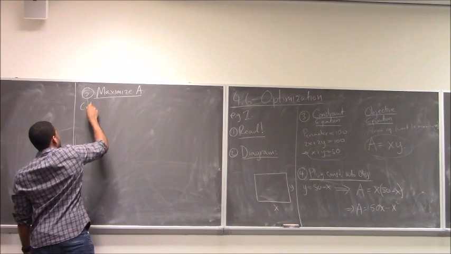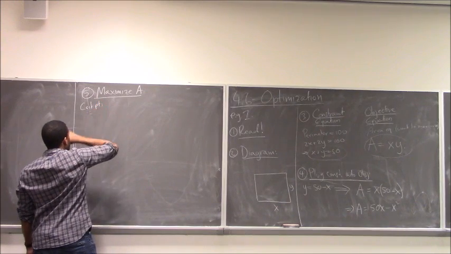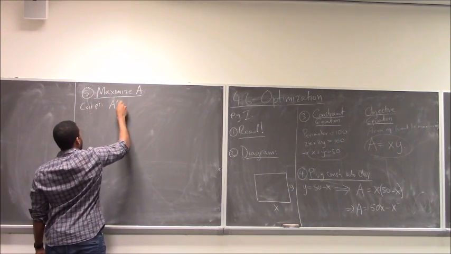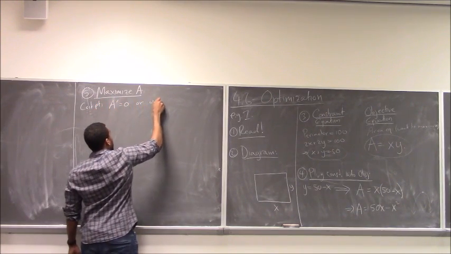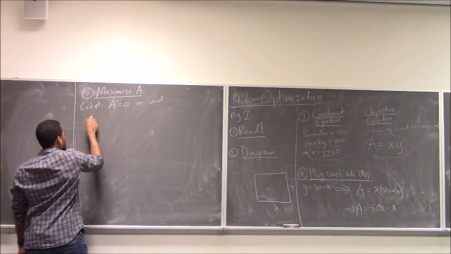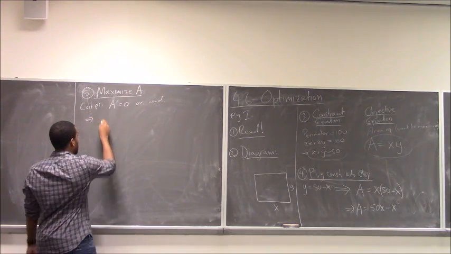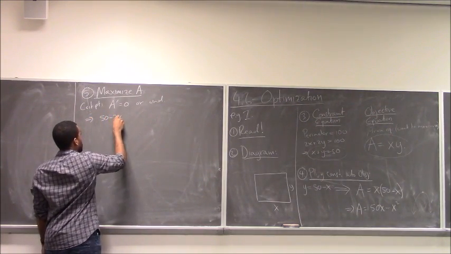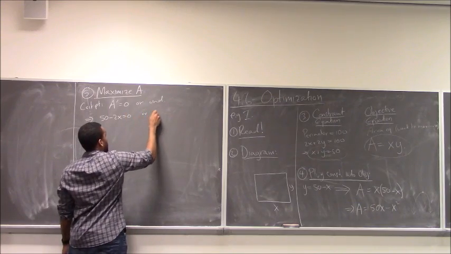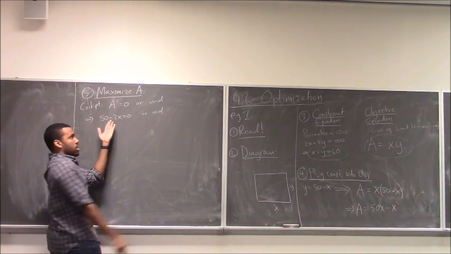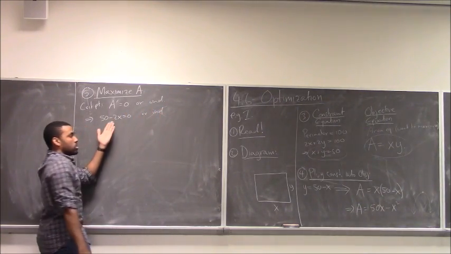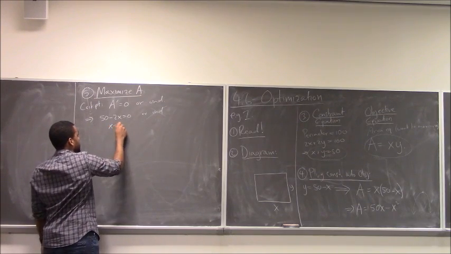It means that the maximum is going to be like a critical point, so that means where A prime equals 0 or undefined. So I'm going to find the derivative. It's going to be 50 minus 2x equals 0 or undefined. 50 minus 2x is a polynomial, never undefined. So I have one solution here, which is x equals 25.